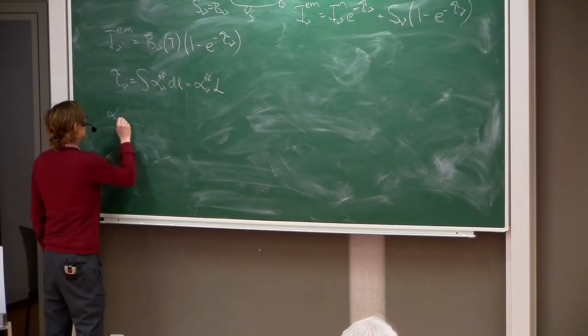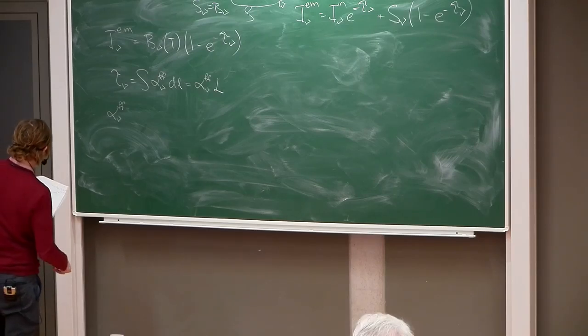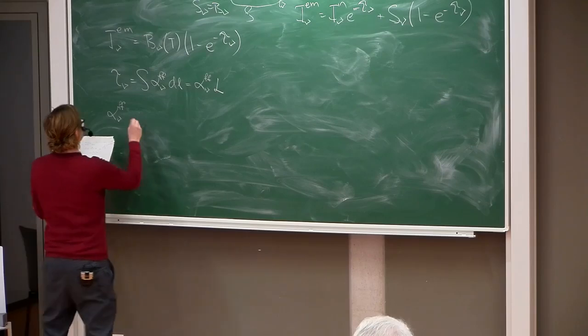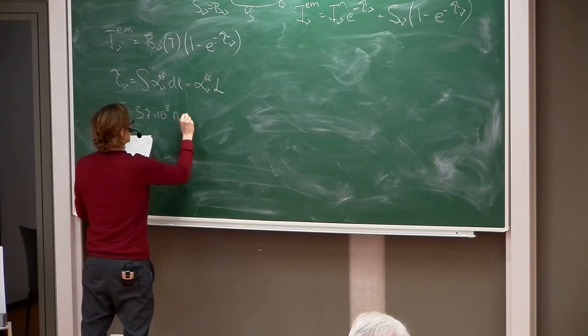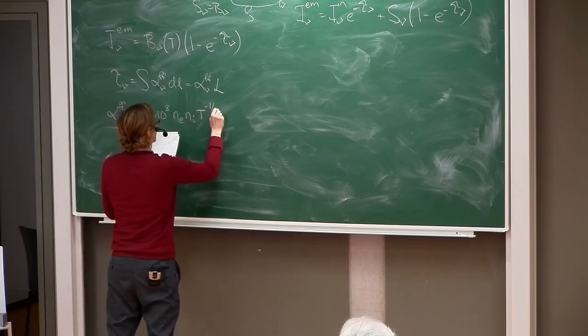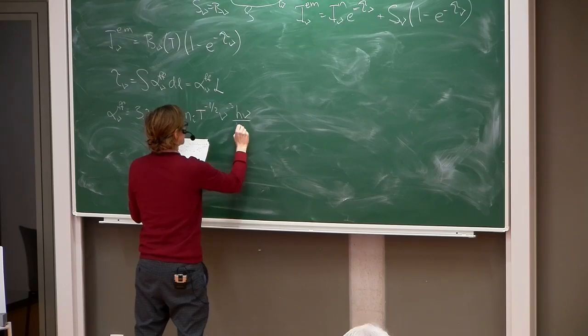And we're going to write down our free-free expression, which was what exactly? 3.7 times 10 to the 8, n_e n_i, T to the minus 1/2, nu to the minus 3, and I'm just going to take this h nu divided by kT.